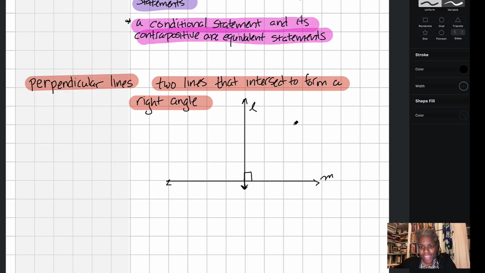The way we'd write that in shorthand notation is L, and then we write this upside down T, which means perpendicular, and then M. What this statement means is L is perpendicular to M. Two lines that form a 90-degree angle when they're intersecting are perpendicular.